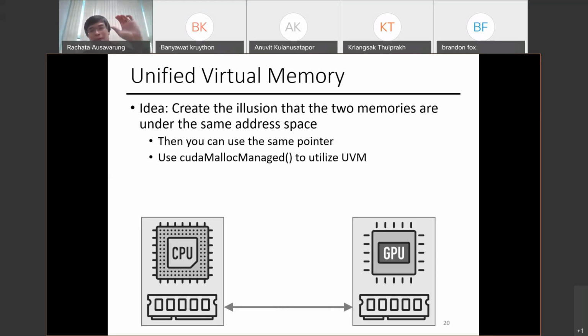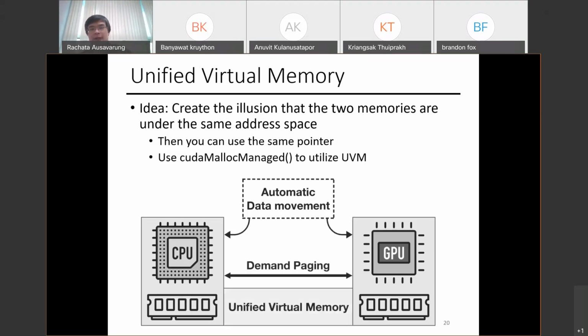Instead of CUDA malloc followed by CUDA memcopy, what you need to do is call CUDA malloc managed. In this case, it utilizes this unified virtual memory technology, and then you don't have to manually copy the data. The GPU driver would predict when you have to copy the data and transfer the data automatically through demand paging.